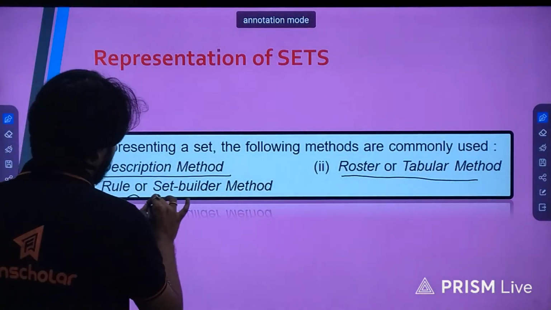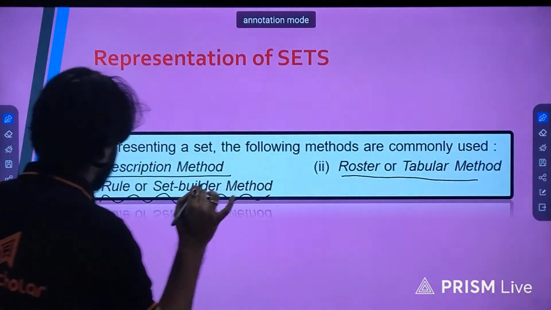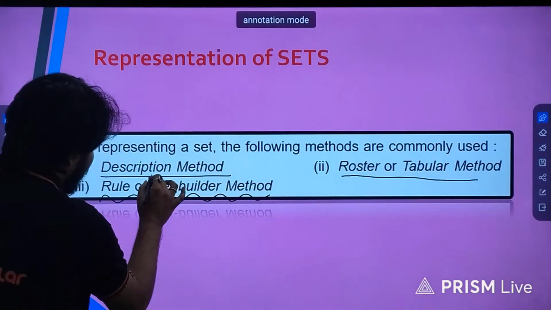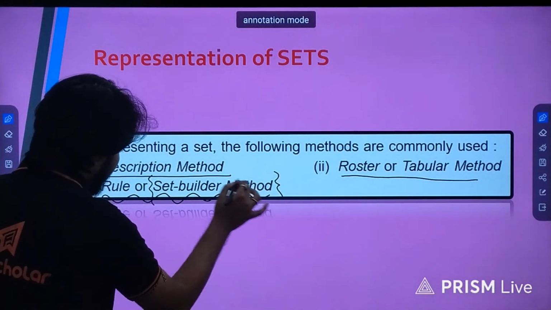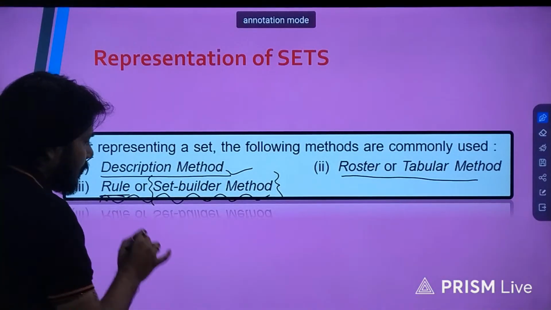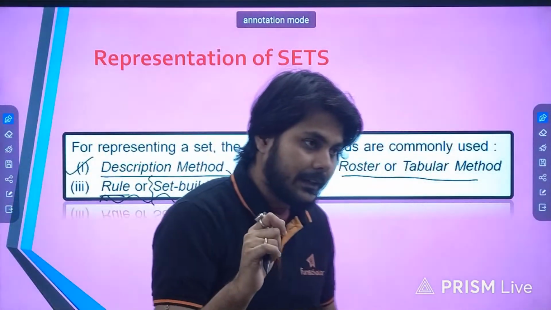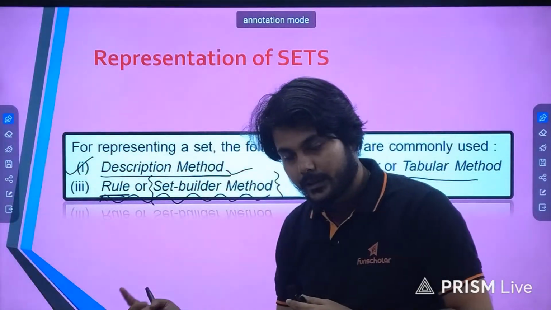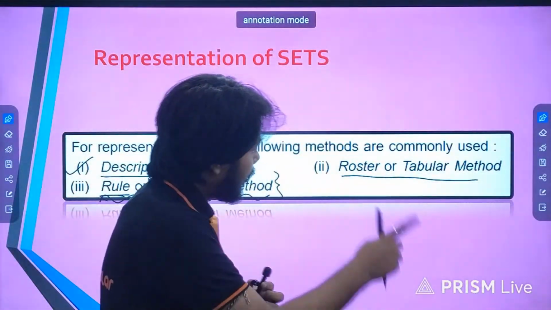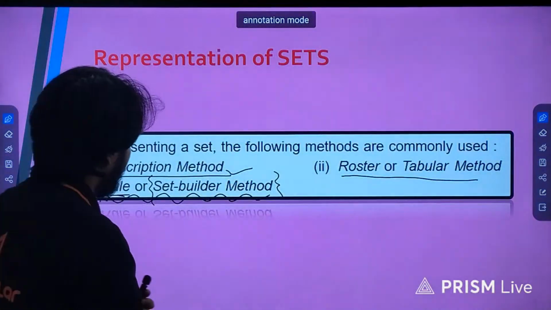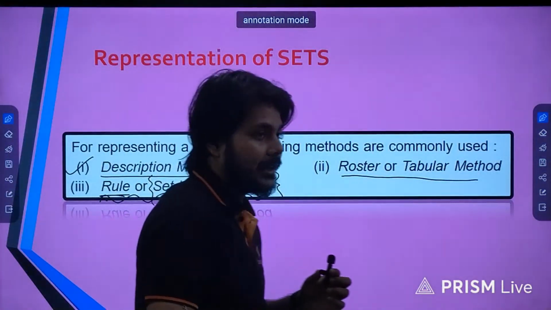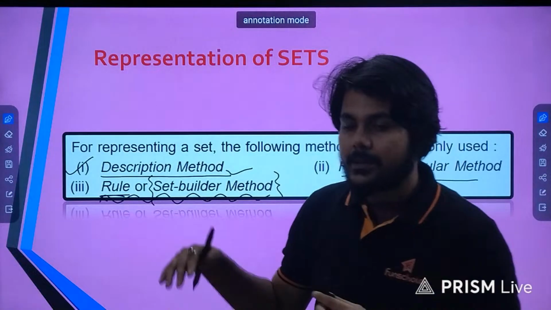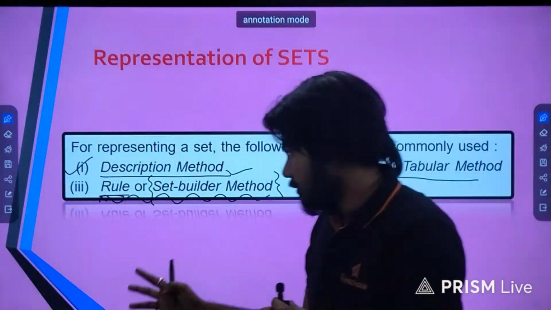And the third one is rule or set builder method. This is more commonly known as the set builder method, or you can say the rule method. What are the three methods? बताओ. Number one, description method. Number two, tabular or roster method. And number three is nothing but the set builder method. Okay, we'll look into it one by one. चलो.